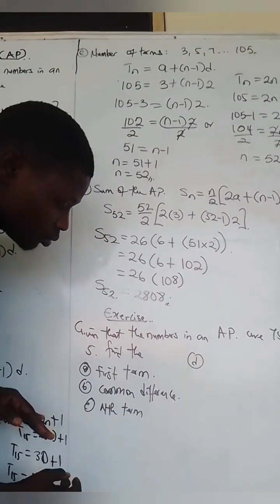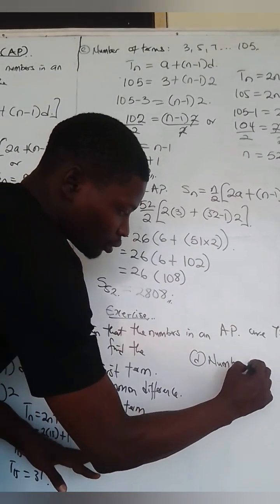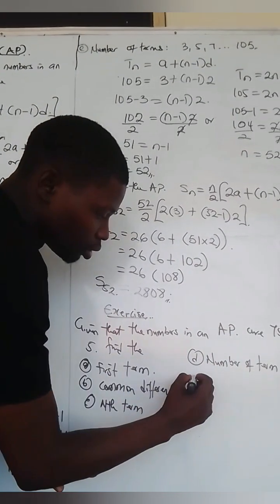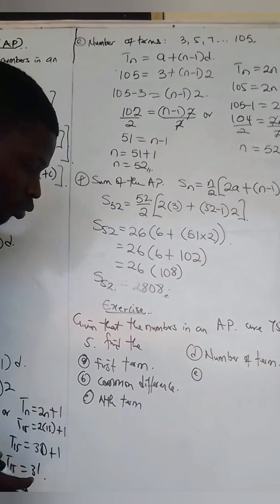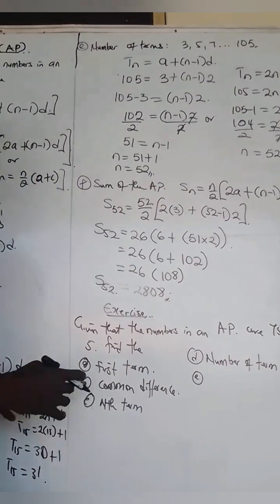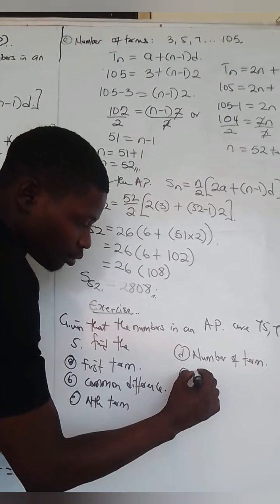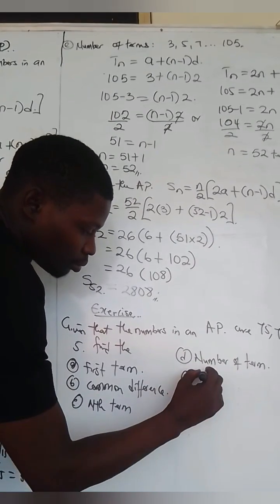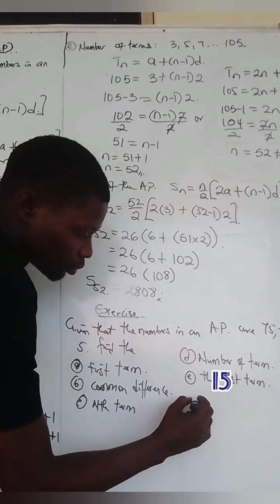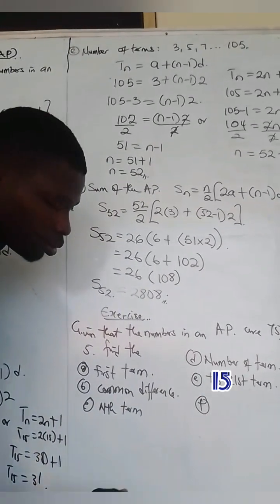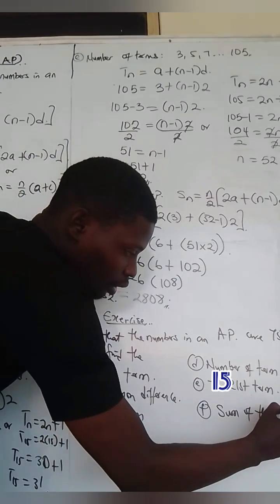D, we have to look for the number of terms in the AP. The next one I want us to look for is the 21st term. And then the last one, the sum of the AP.